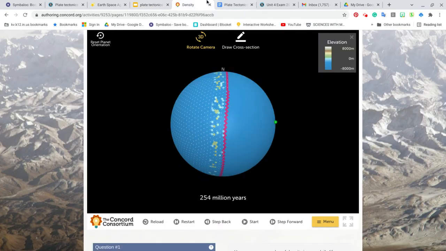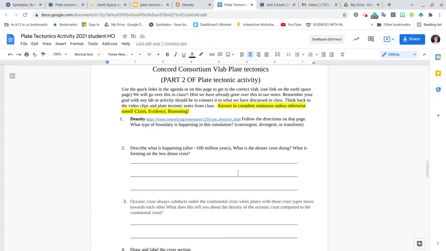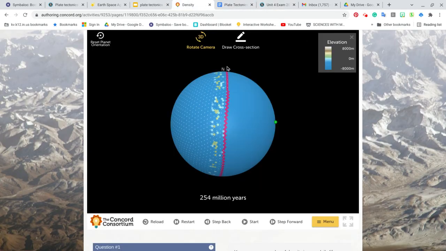Okay, so now describe what is happening. What is the more dense? So you had low density to the high density. What is the higher density crust doing? What is the lower density crust doing? What is forming? Come over here.